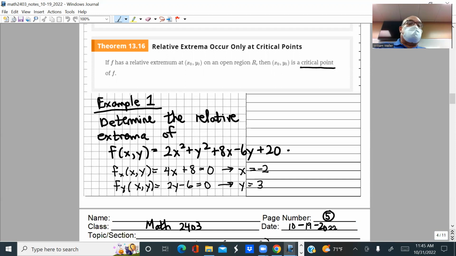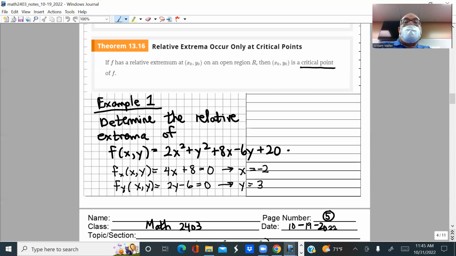And so that's how you look for a critical point, and then you know that you may have a relative extremum, that is a local maximum, or it could be an absolute maximum, or a local minimum, or an absolute minimum at a critical point.